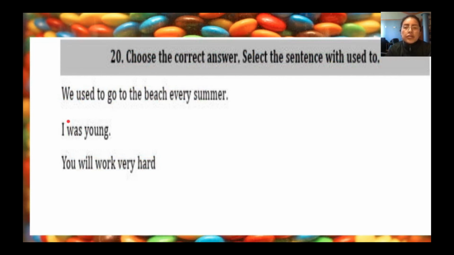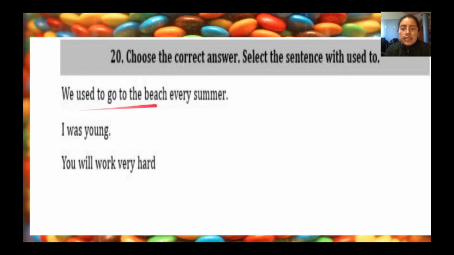Finally, choose the correct answer. Select the sentence with used to. We used to go to the beach every summer. You was young. You will work very hard. In this case, you have to look at the sentence and you have to say what sentence is using used to.